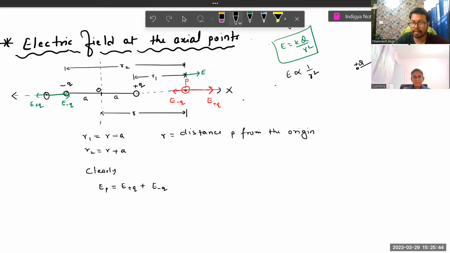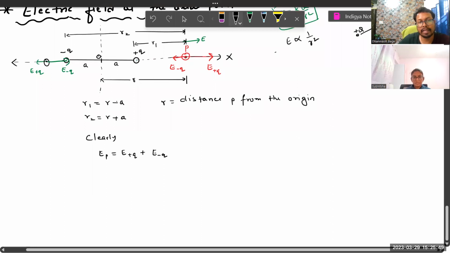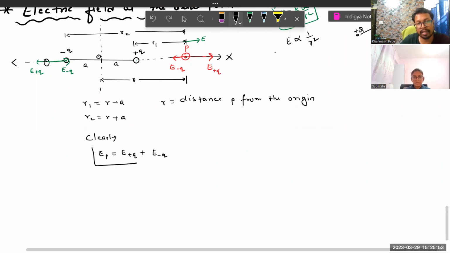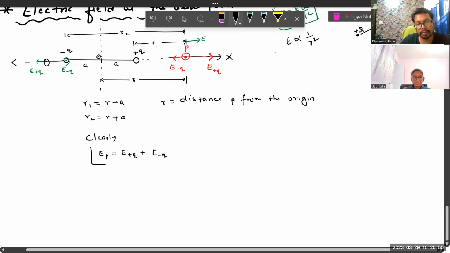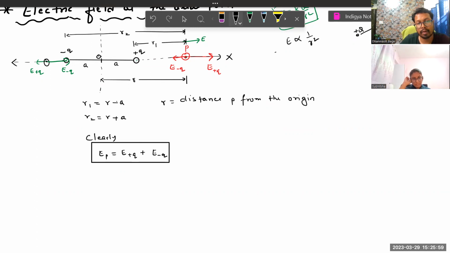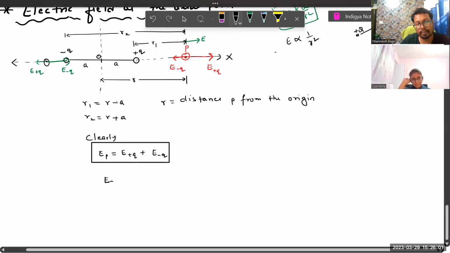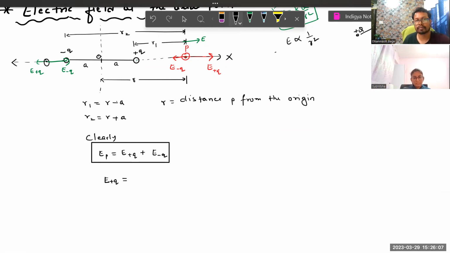Clear this thing? So in this case, first you tell me this thing. EP is equal to what? The net electric field at P will be equal to E plus Q minus Q. What is E plus Q? Now you decide.